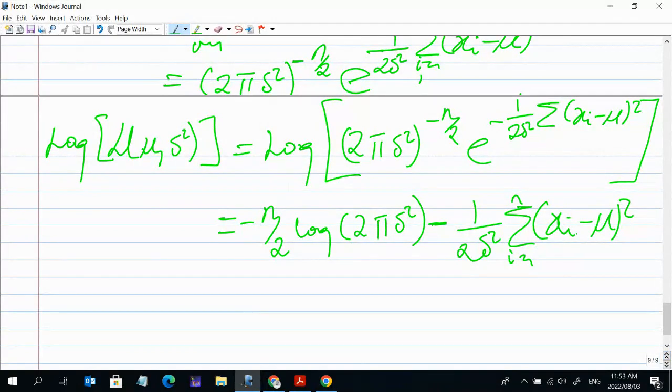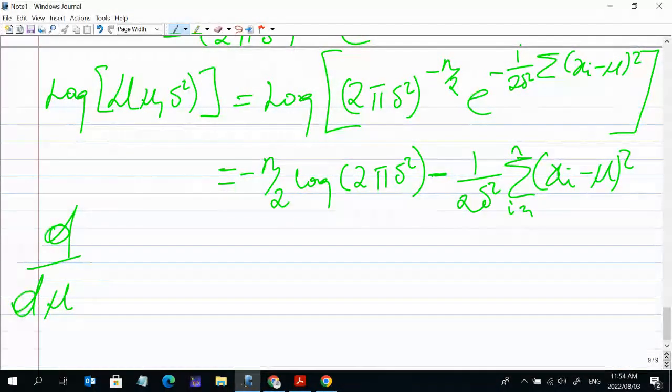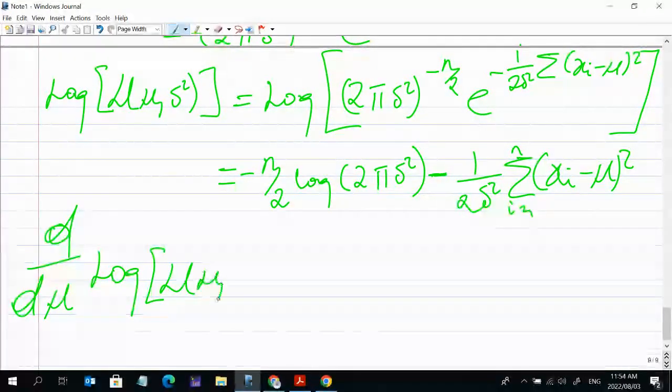So now let's start with mu. Let's find the estimator of the population mean. So we're going to differentiate the log of the likelihood function with respect to mu.